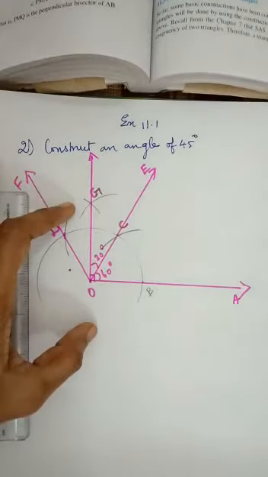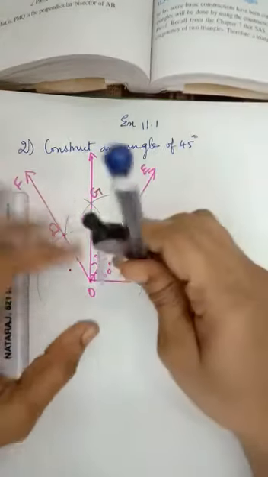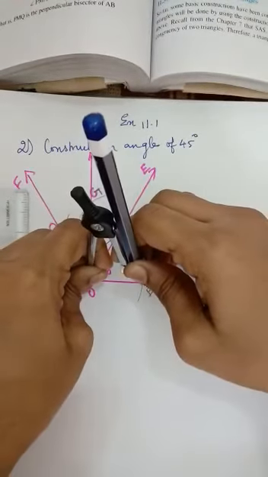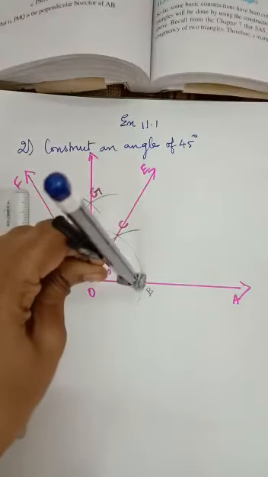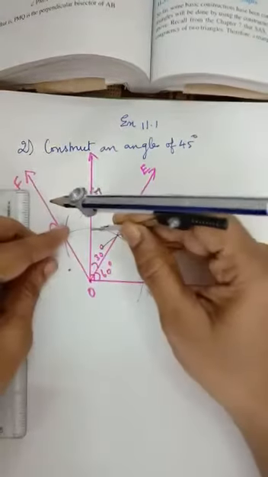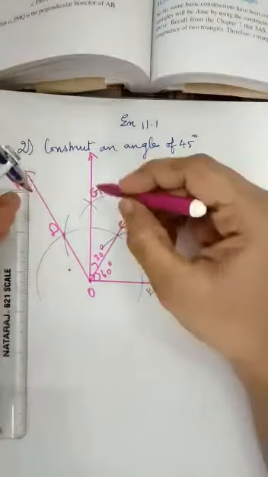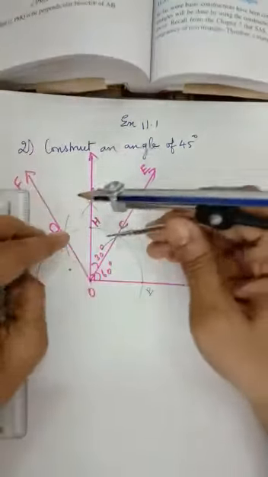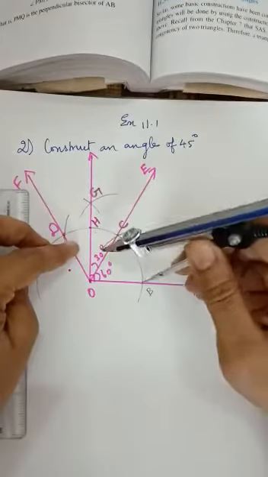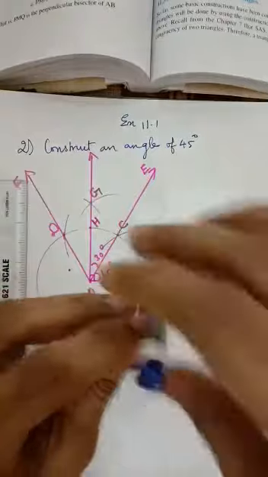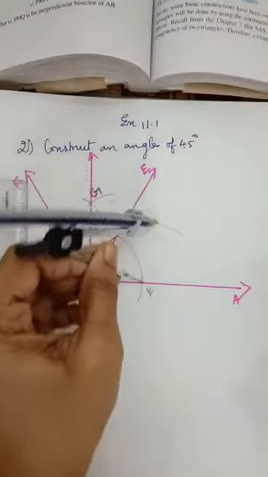How do we construct it? Students, listen, already we have drawn an arc. You just take the same arc, and then consider here this is H. Consider BH as a line, take more than half, and taking B as center draw an arc.